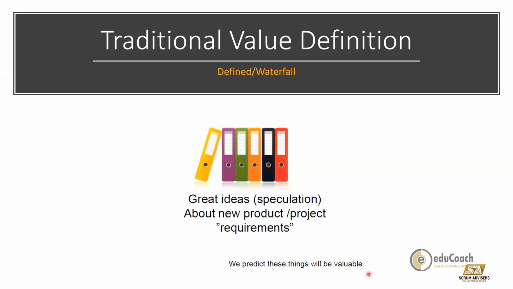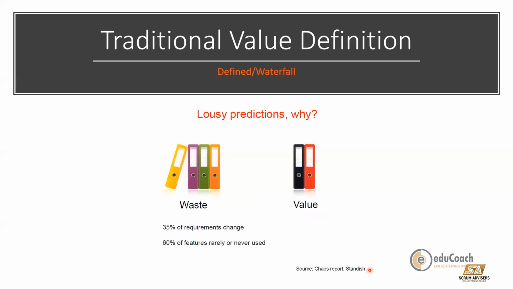However, what has been found, this is a chaos report, is that our predictions are normally lousy. What we predict today as being valuable for our project is not valuable at all, and is more of a waste than valuable.